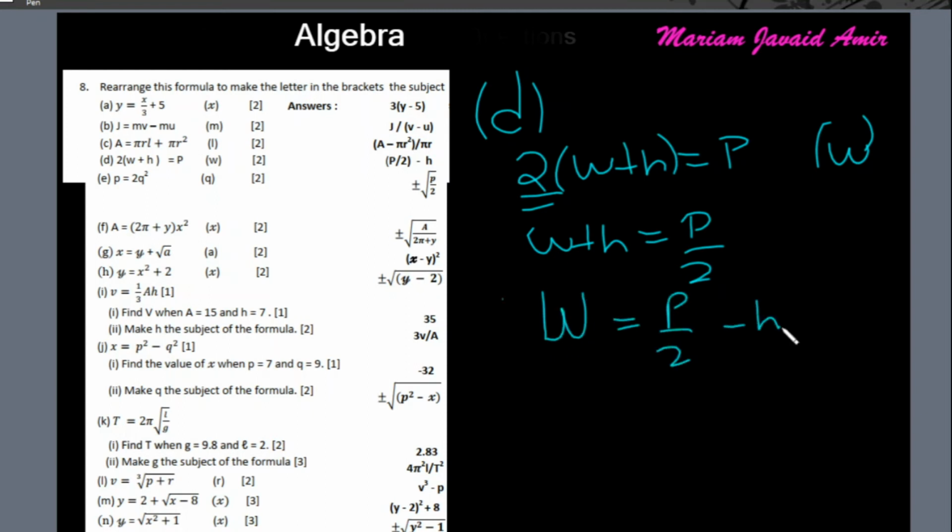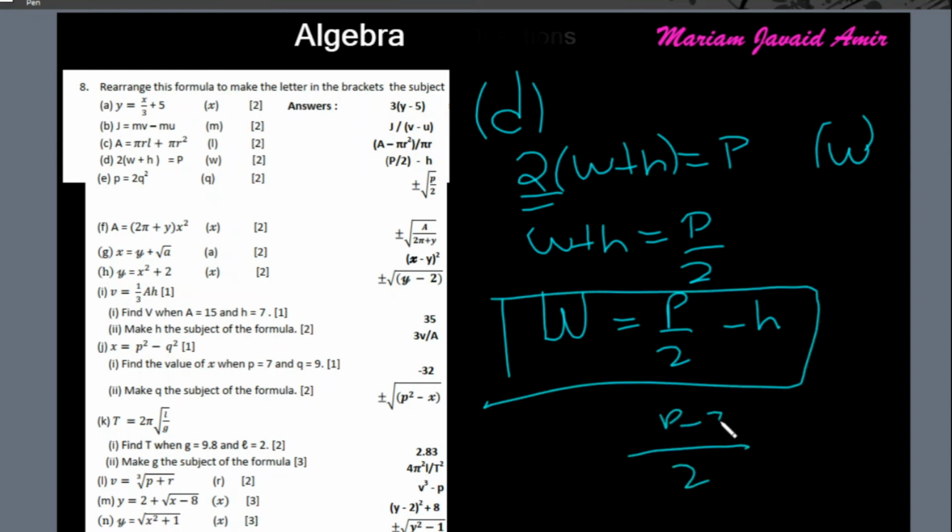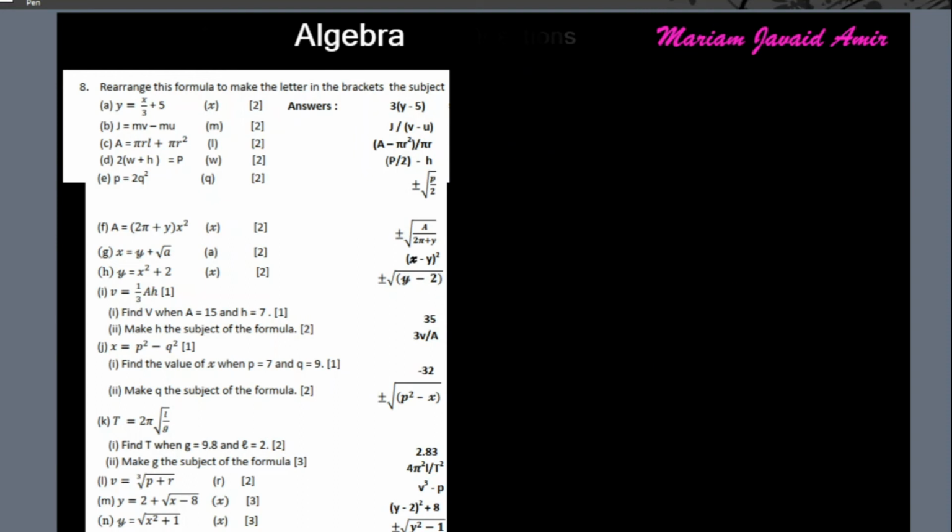This is an acceptable answer, or you may take LCM and write p minus 2h over 2. Both are acceptable answers for part D. Part E is p equals 2q square, we have to make q the subject. So first take 2 to the other side, it'll get divided.